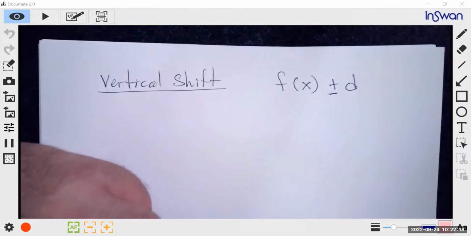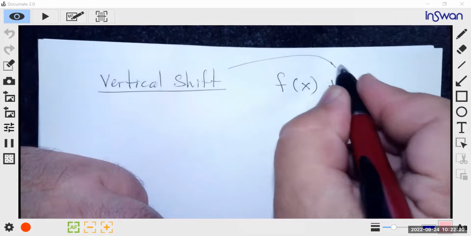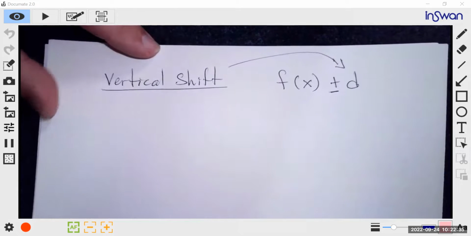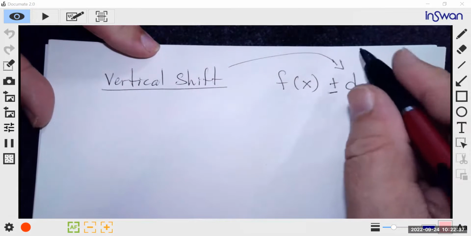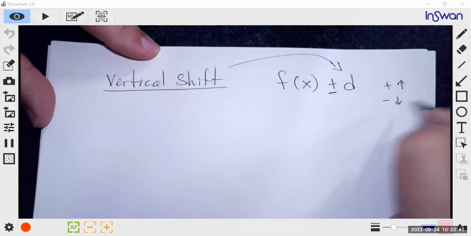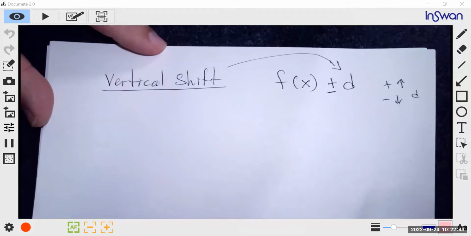Vertical shifts happen outside the function. If it's positive, it goes up. If it's negative, it goes down. D units.